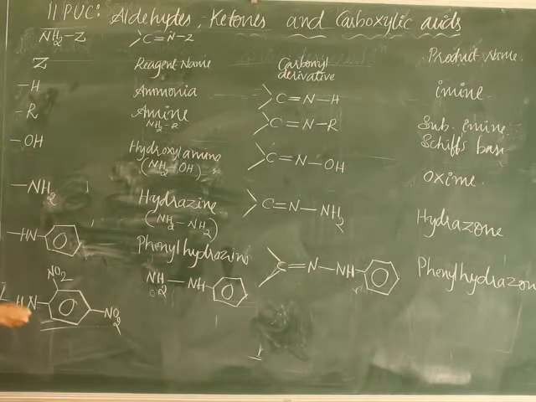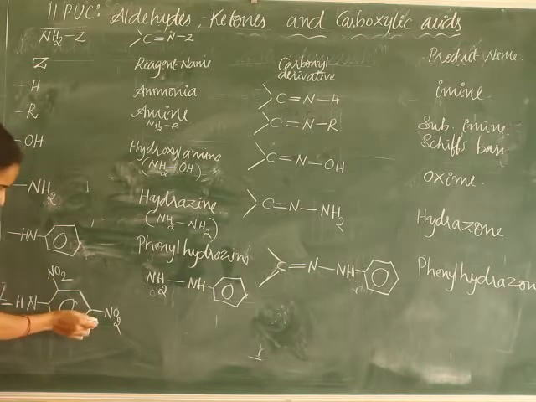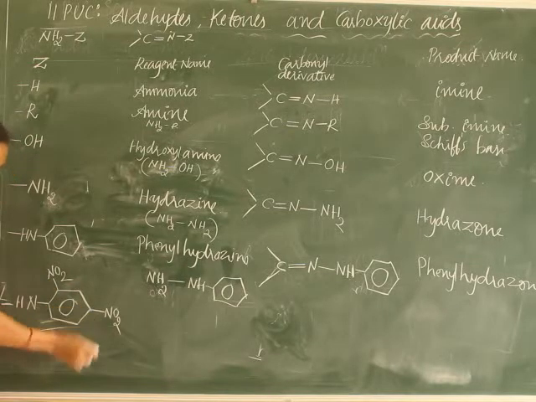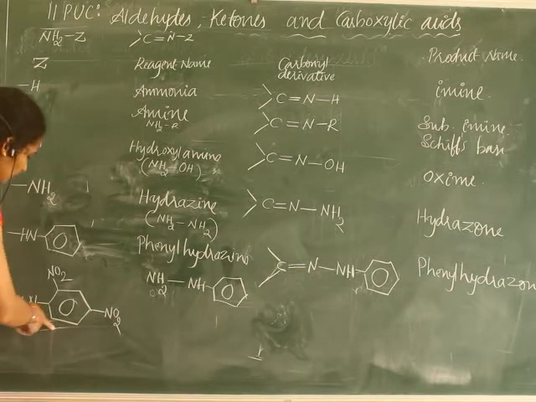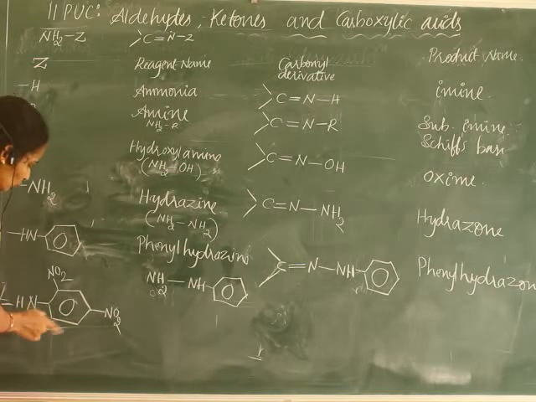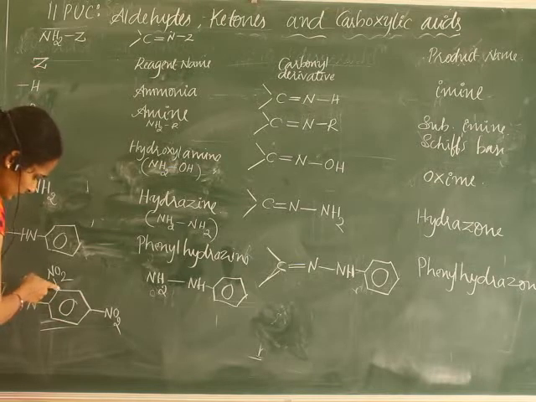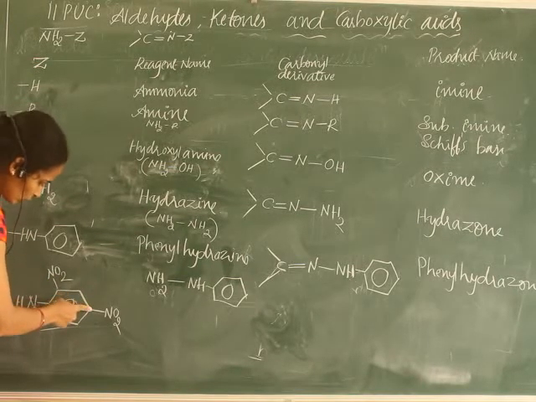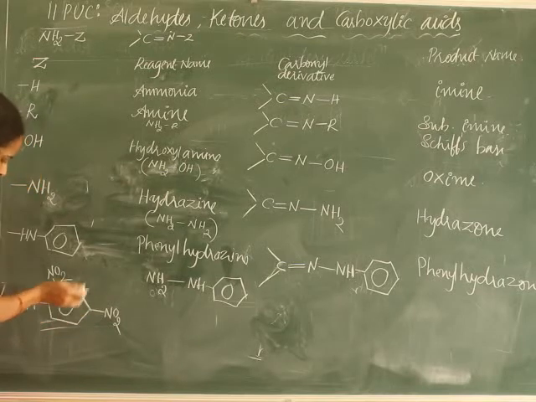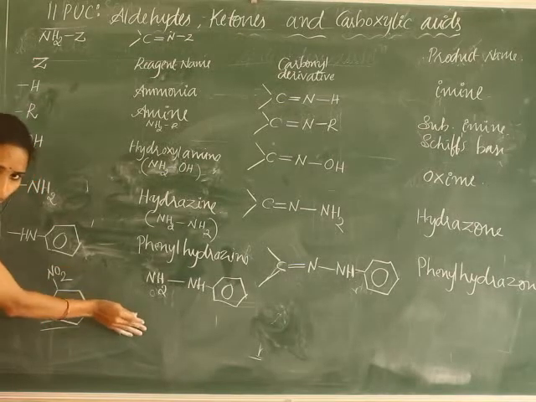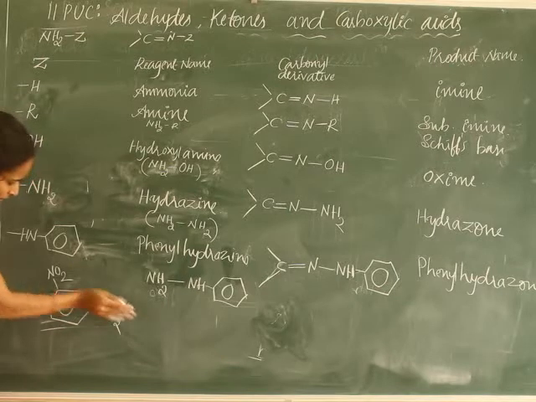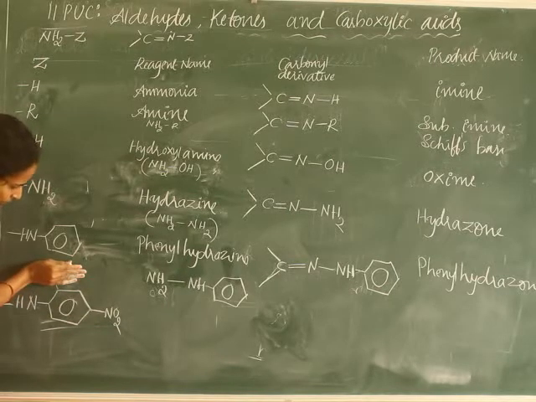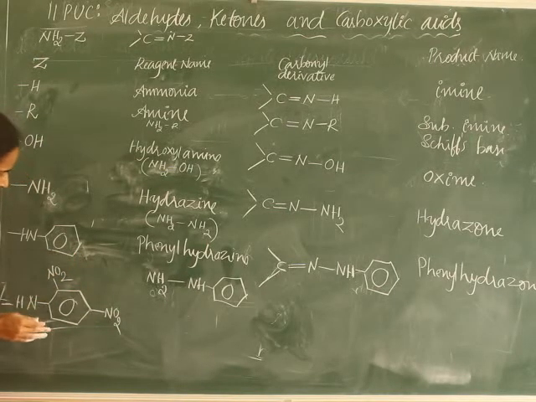Next, here this is the functional group attached. To the second position, a nitro group is there, and in the fourth position also, a nitro group is present. Hence, the name of this compound is 2,4-dinitrophenylhydrazine. If these two groups are not there, then it is phenylhydrazine, right?